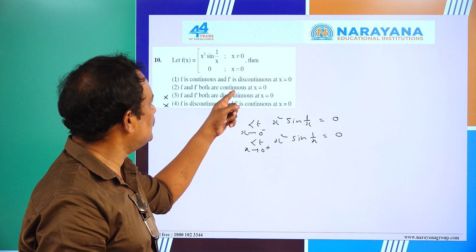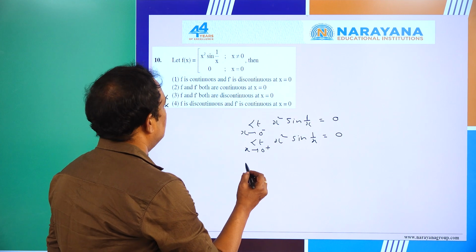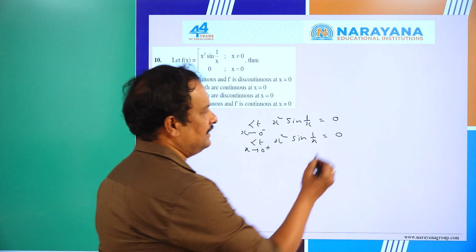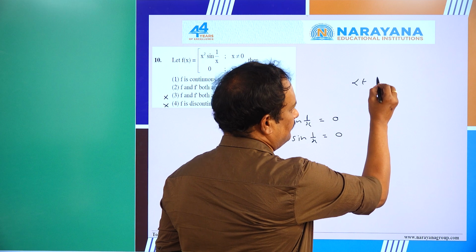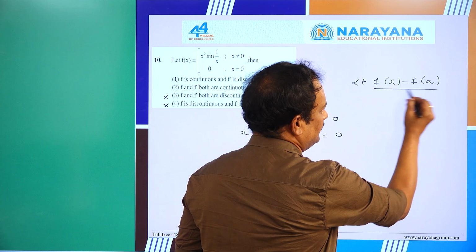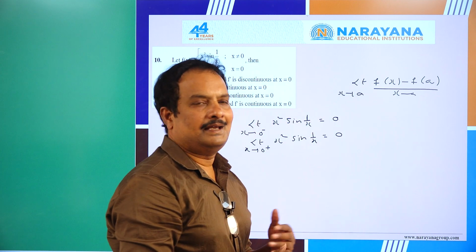Here f and f dash both are continuous in the second one. Let's find out this one, that is differentiability at x equal to 0. You can recall the definition, that is limit of f of x minus f of a by x minus a as x tends to a.